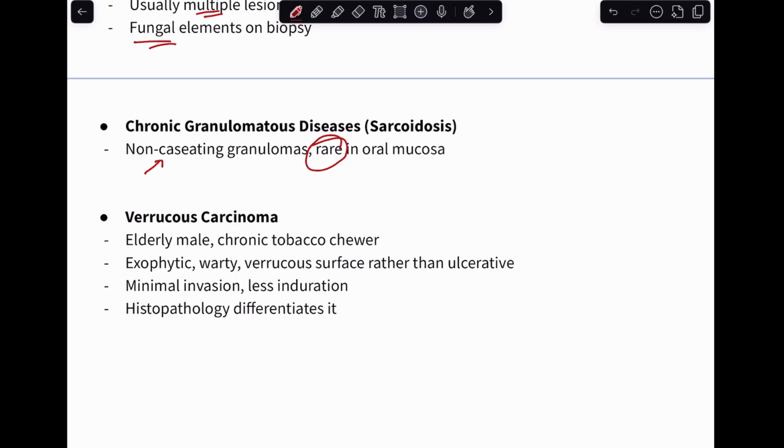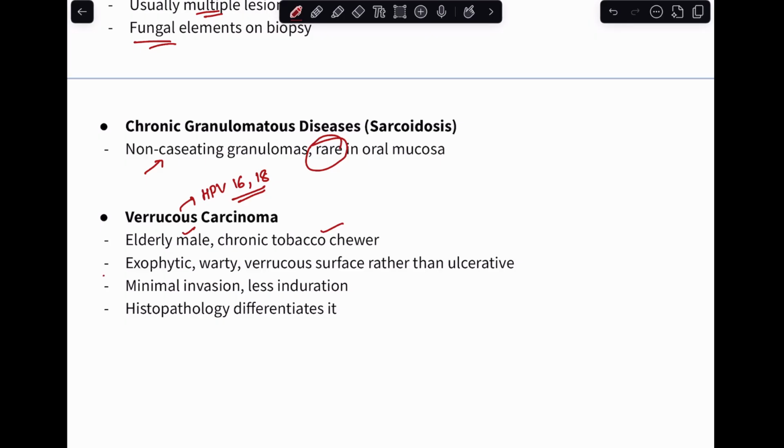And our last differential over here is the verrucous carcinoma, which I spoke to you about before when I was talking about high risk behavior. Verrucous carcinoma is caused by exposure to HPV virus, and amongst them, the more important strains are HPV 16 and HPV 18. The features that are matching over here are that this is an elderly male and a chronic tobacco chewer, but the appearance of the ulcer that we have noted does not match with this.